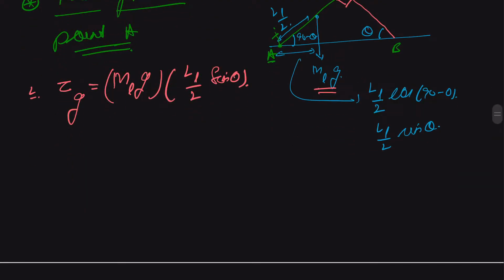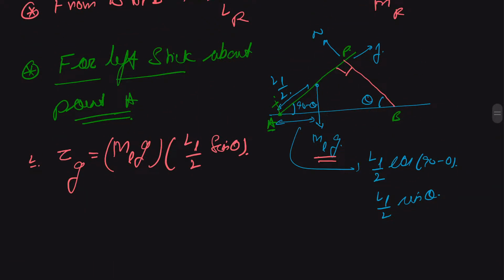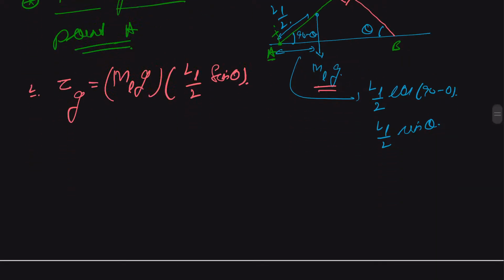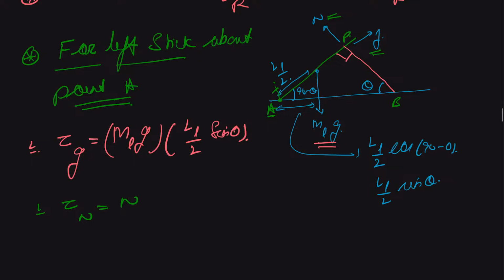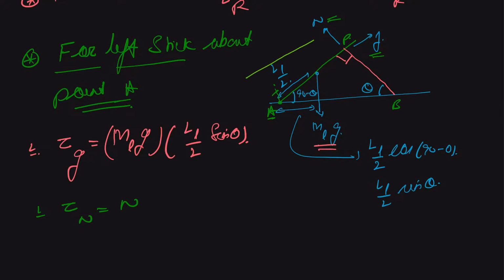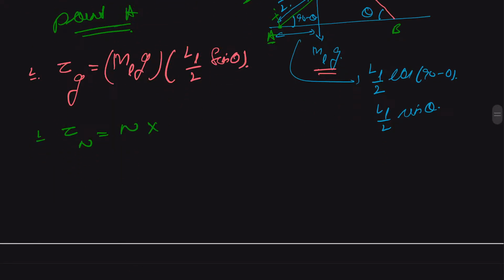Similarly, we can find the moment about point A because of the normal N. There will be no moment because of the friction F, because it is along the same line. Therefore, tau of N will be equal to N multiplied by the lever arm, which is the total length of our stick, that is AP.